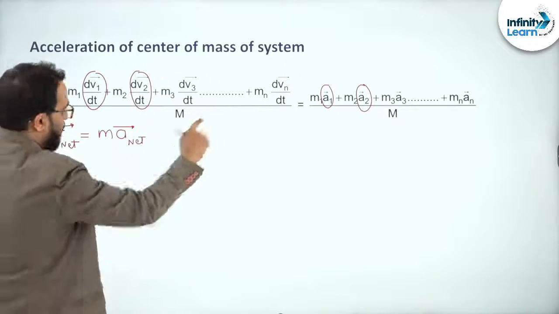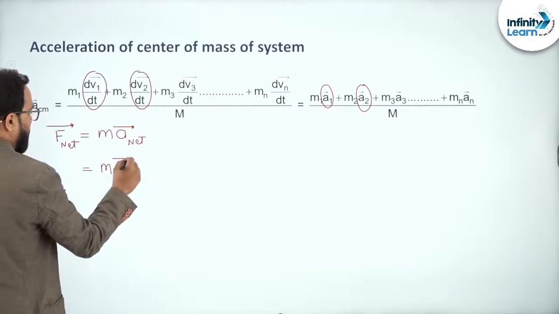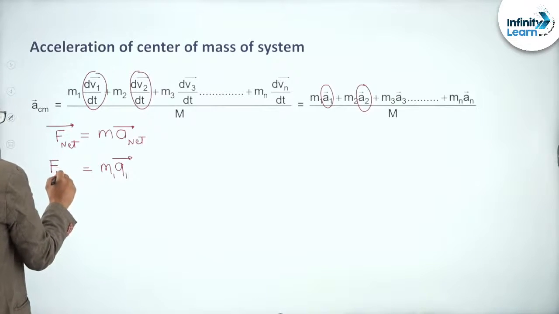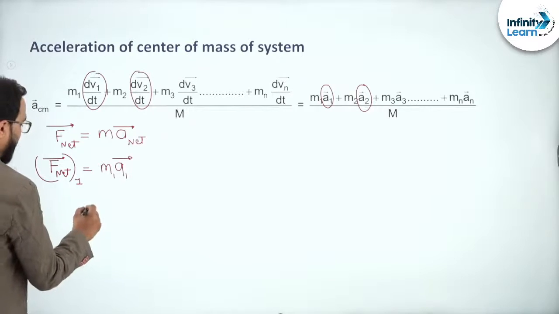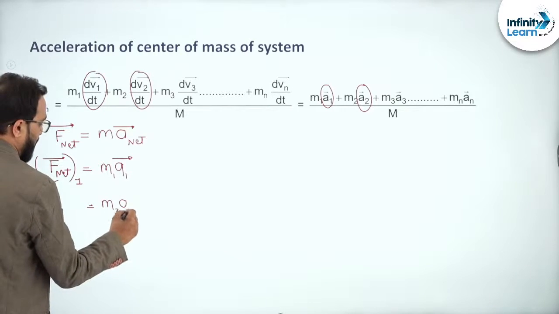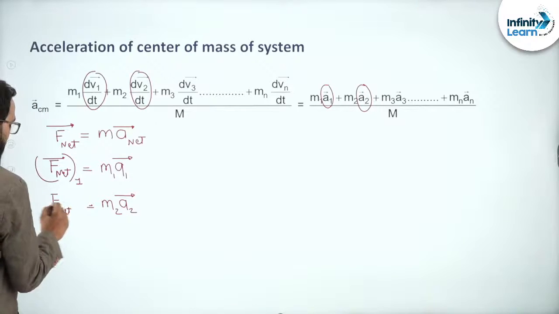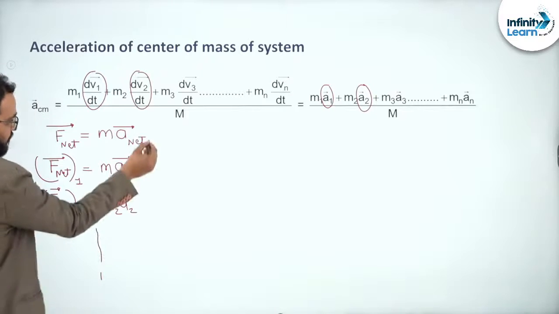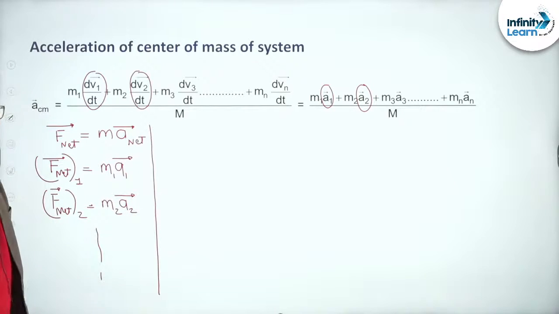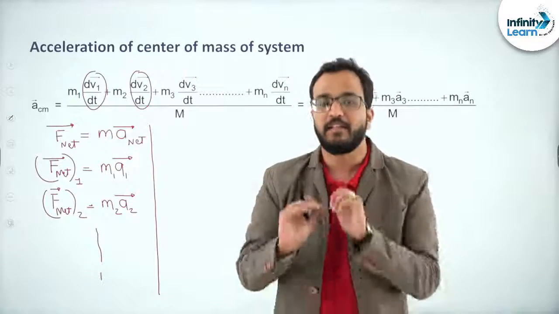So m1a1 is the net force on particle number 1. Then if I write m2a2, it is the net force on particle number 2, and so on. So if I add all these forces, exactly what am I getting? That we need to understand.